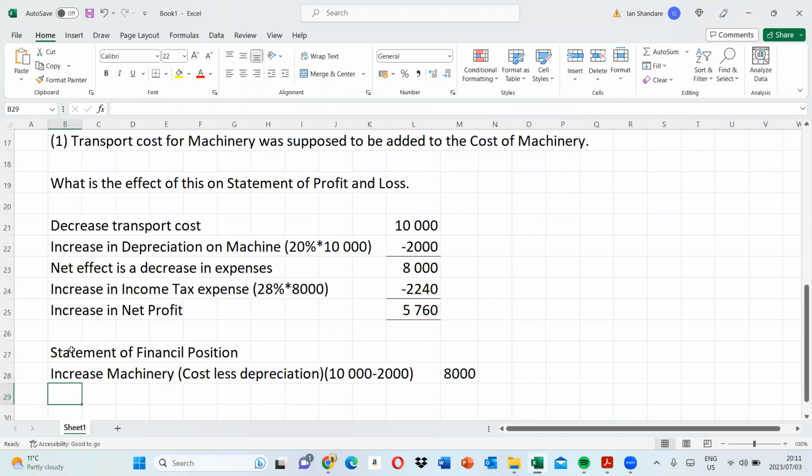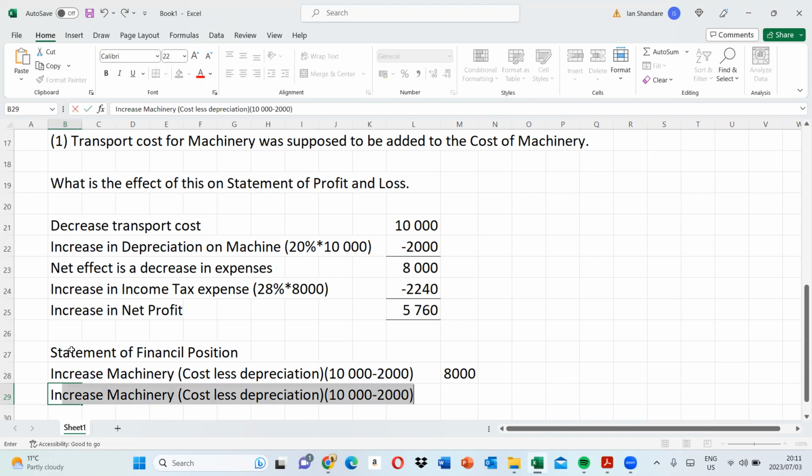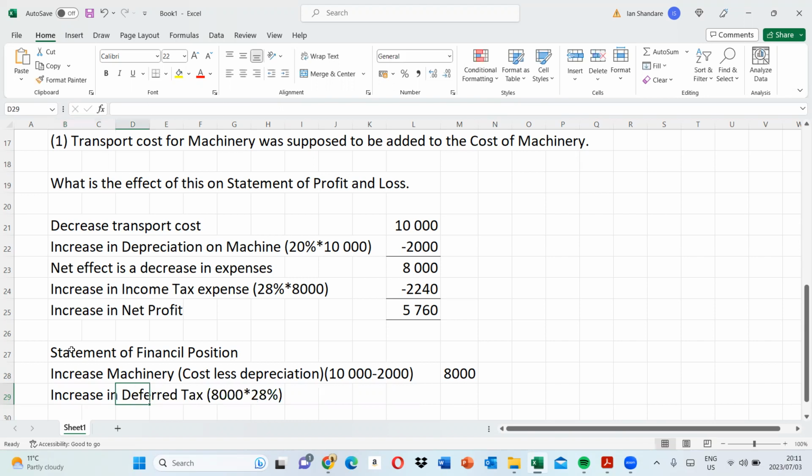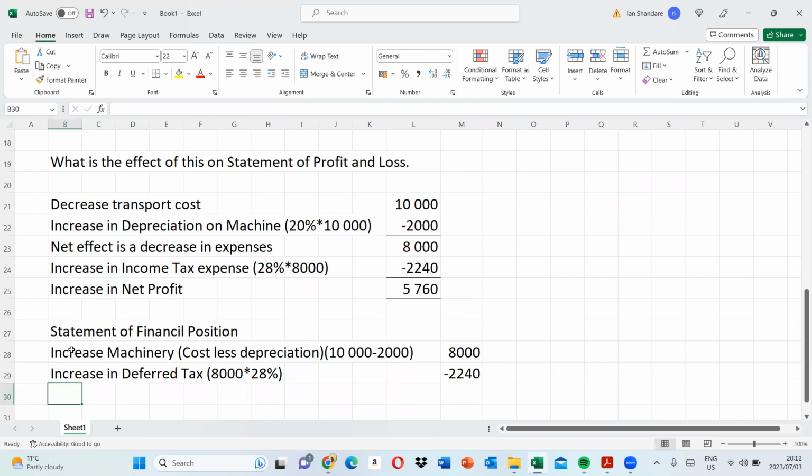Then what happens in regards to your deferred tax? If we increase machinery, we can all agree that it also results in an increase in deferred tax. So your deferred tax will be 8,000 times 28%, which will give you that amount. And when you increase your assets and also increase the liabilities, the net effect is what?